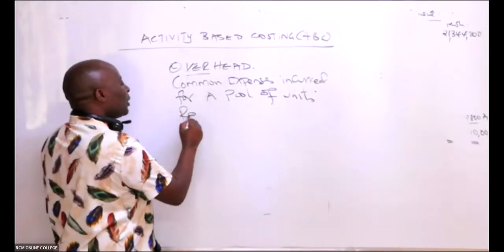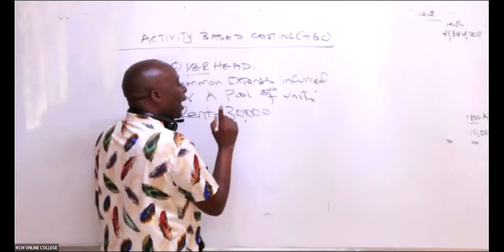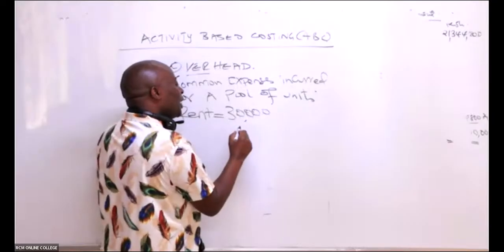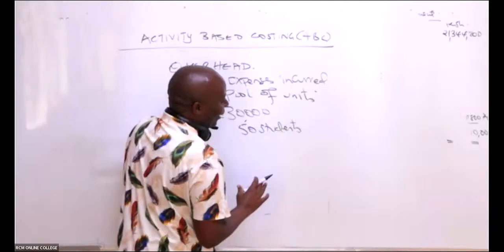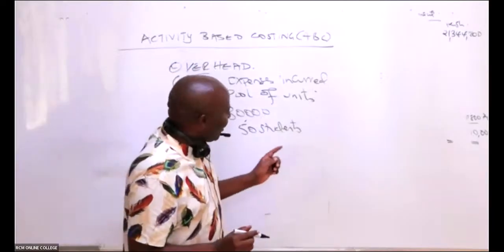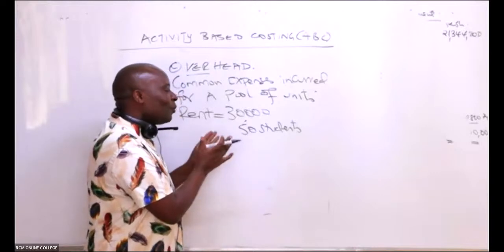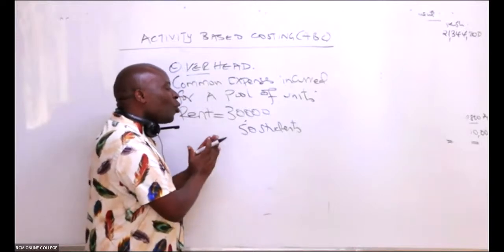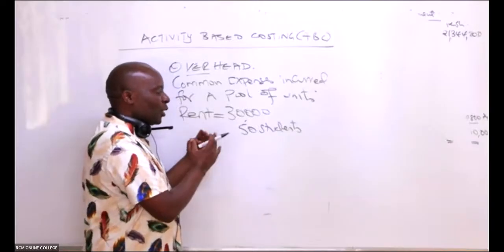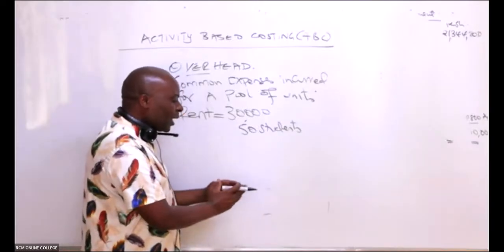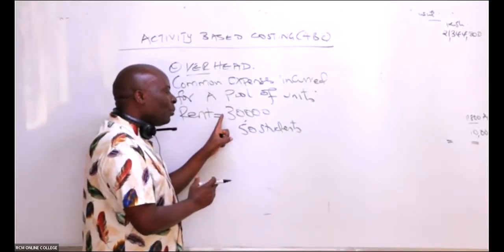So for example, when we pay rent of say 30,000 for this room, and we are paying this for say 50 students to be comfortable, the room can accommodate like 50 students. So you see the rent paid here, 30,000, is common for the 50 students. At the end of the day, for pricing purposes, to know how much fees each student will pay for us to take care of our costs and make a profit, we need to apportion this rent.